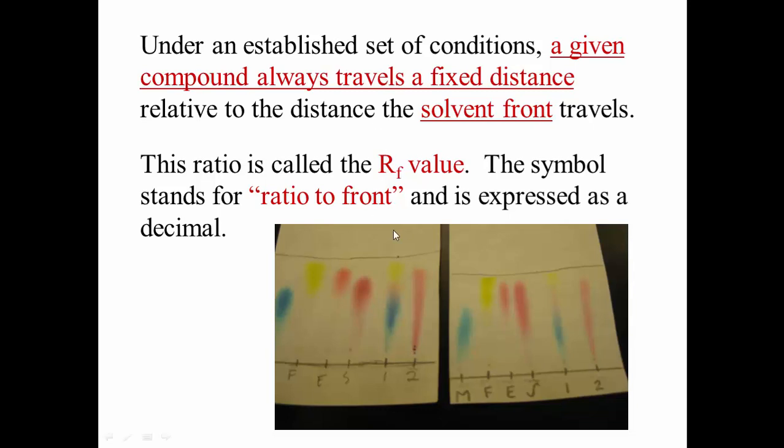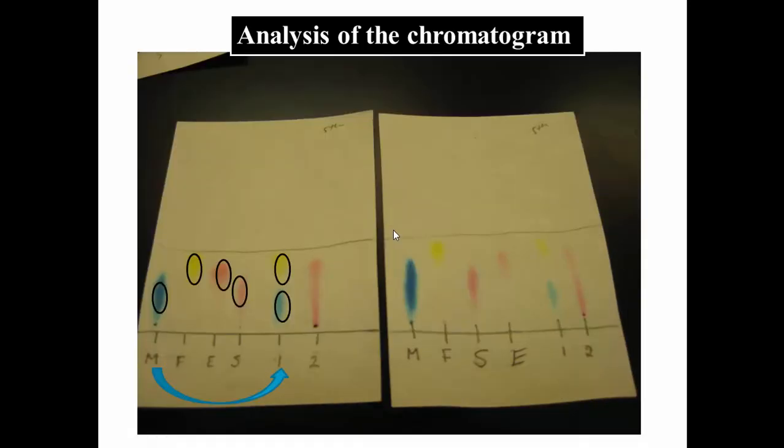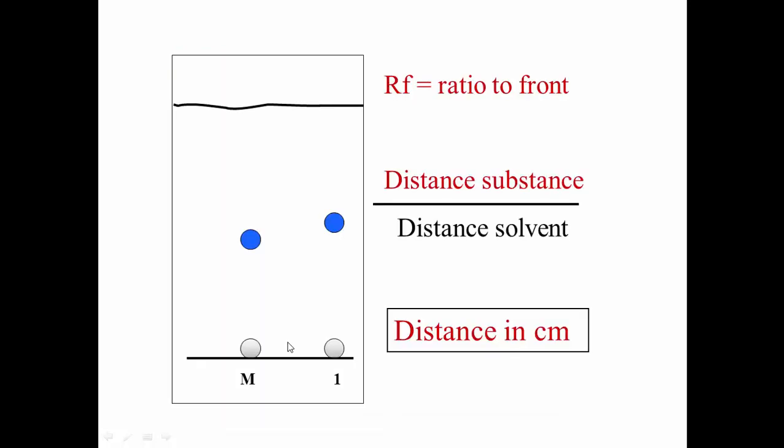But we calculate it mathematically by measuring the distance that the spot travels over the distance that the solvent travels. And we get what's called an RF value. So the distance that the spot travels in centimeters divided by the distance that the solvent front travels.